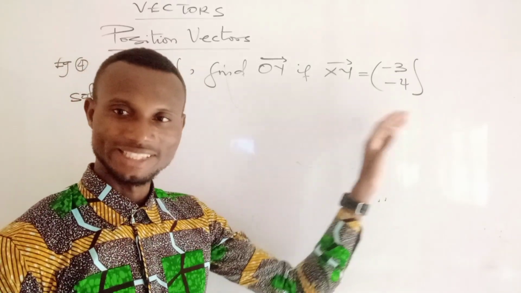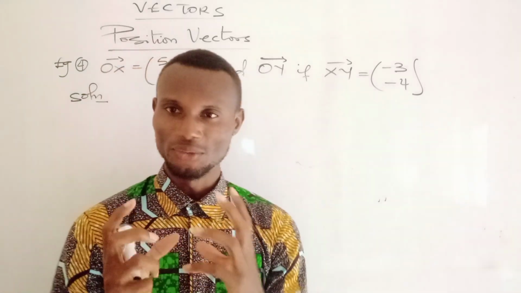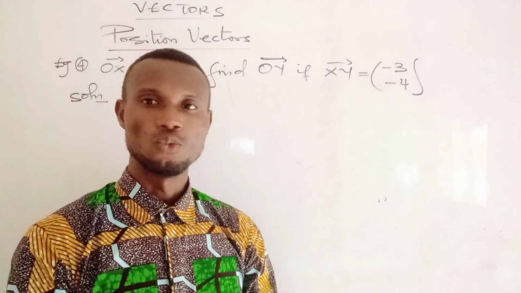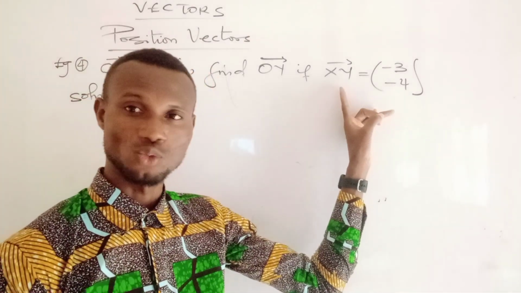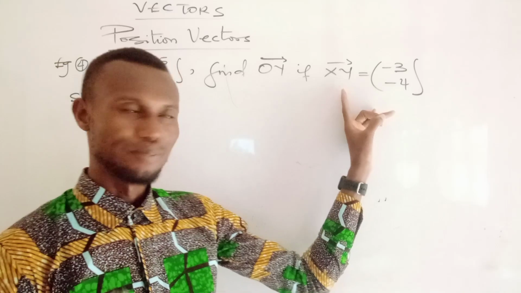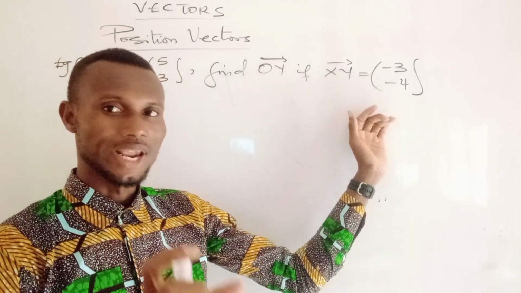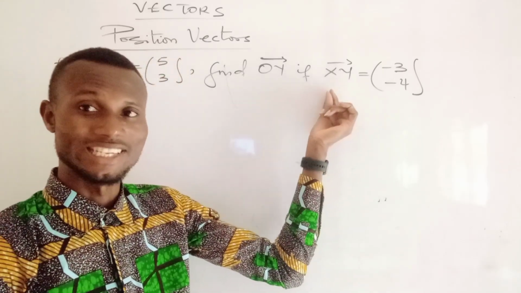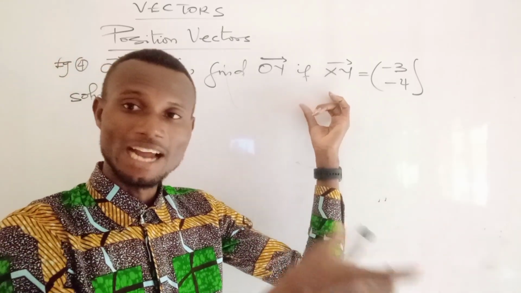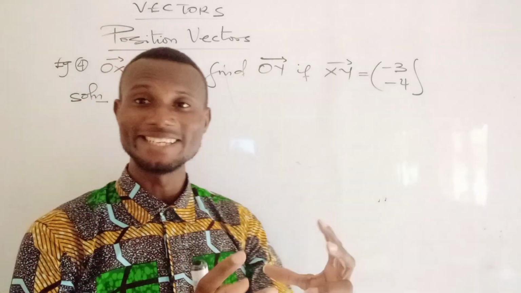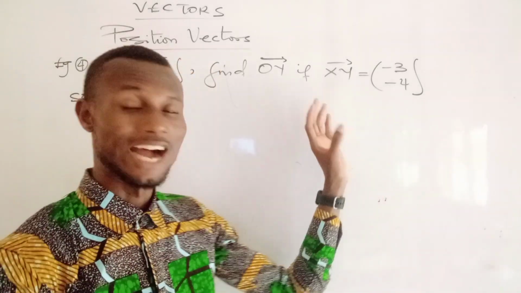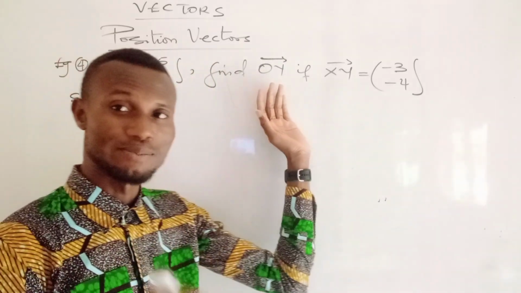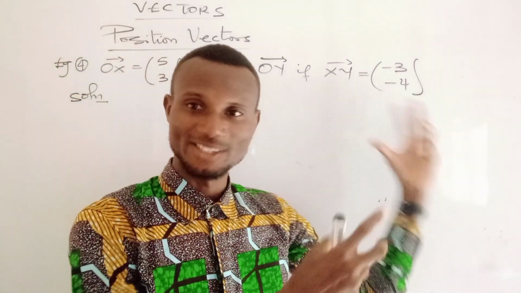You can all agree with me that the vector OY that we want to find, we can get it from the SY, because this vector SY is a composition of the vector OS and the vector OY. So if we want the vector OY, we can get it from the vector SY.